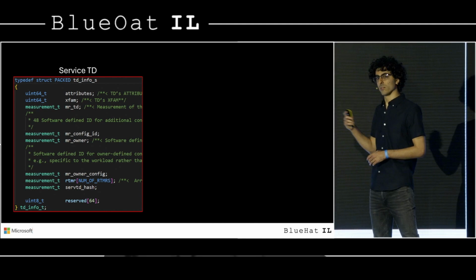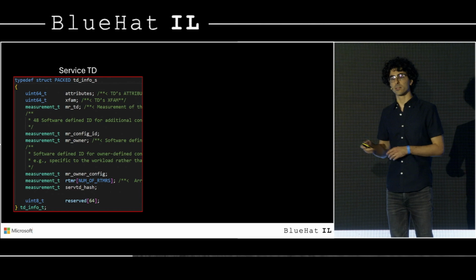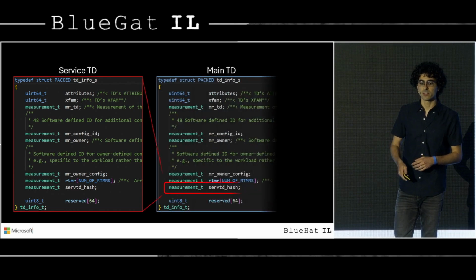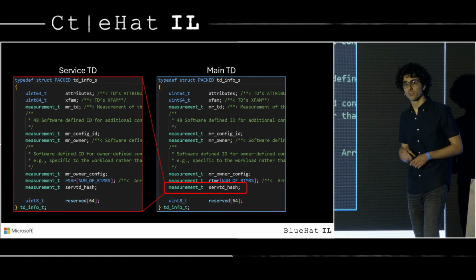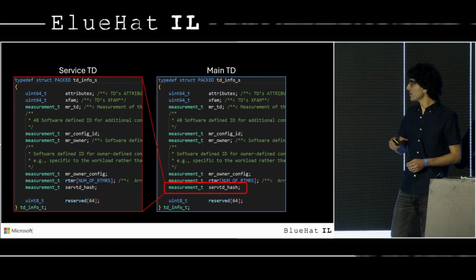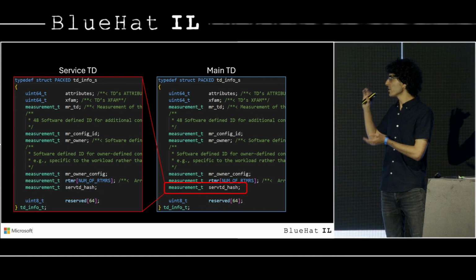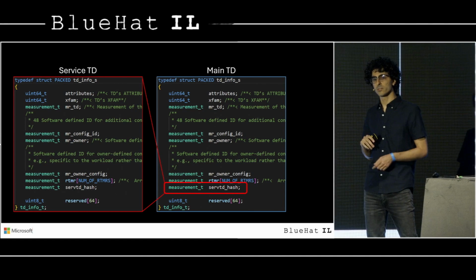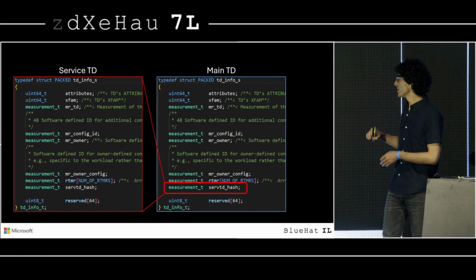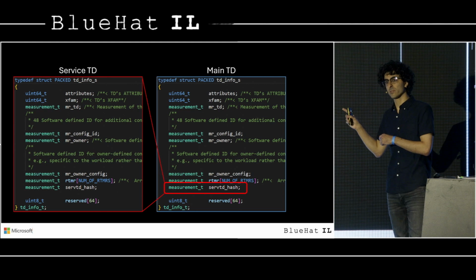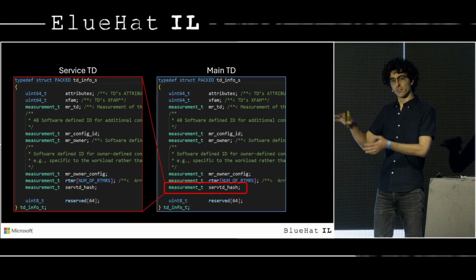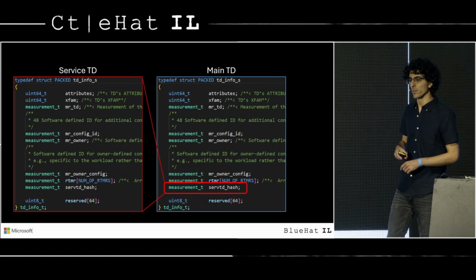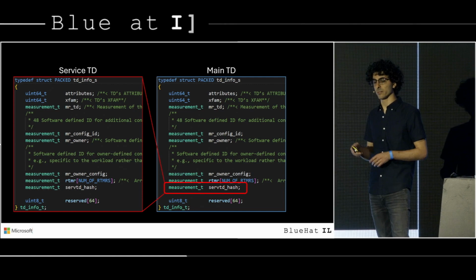Now, this binding is also reflected in the target TD's attestation, and we can see that as the self TD hash value in the same TD info struct. So basically, the module will take the same hash of the service TD's TD info struct and write it in the main TD info struct as that self TD hash, basically creating a chain of evidence of which TDs are in trust here.